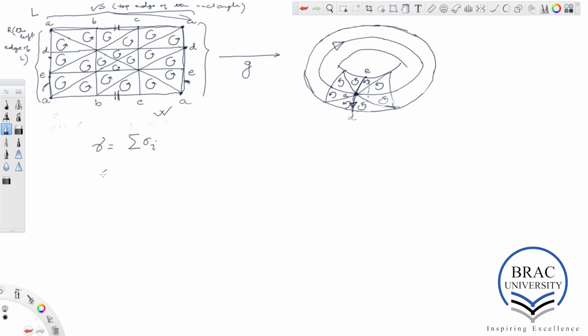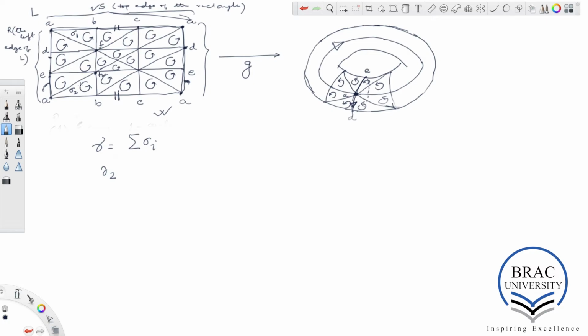Now, I think I'm going to label this vertex by F and this guy by H, because I'm going to explicitly compute the boundary, and also I'm going to call it sigma 1 and call this sigma 2.